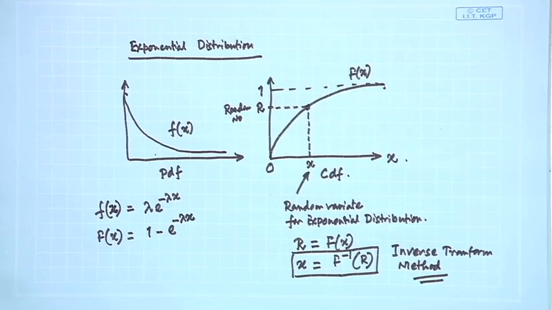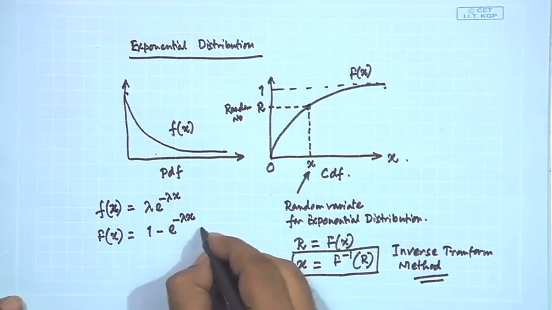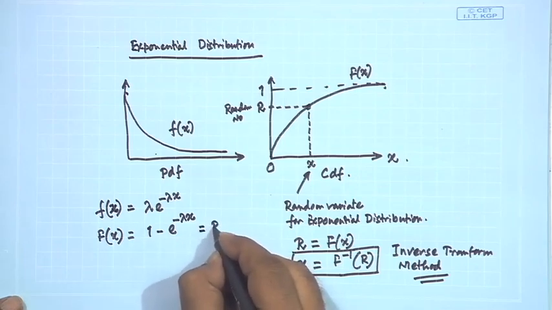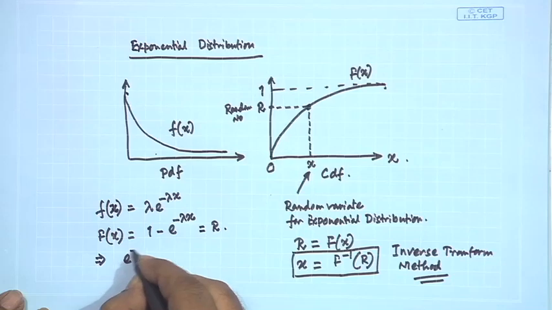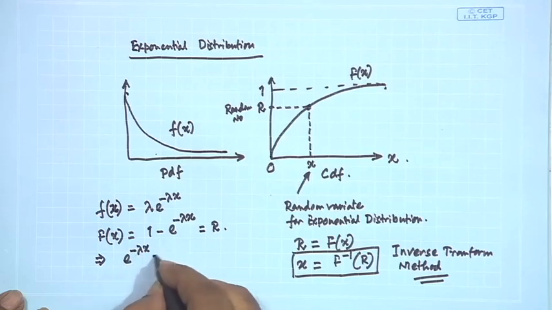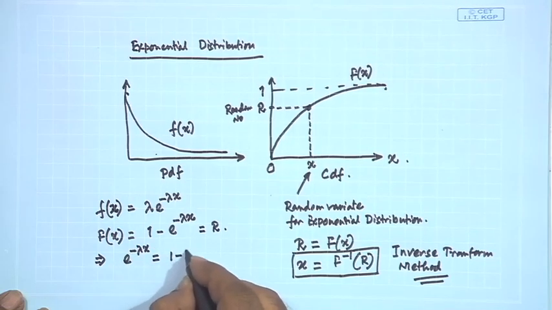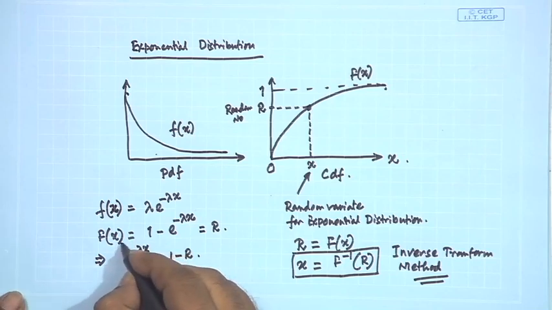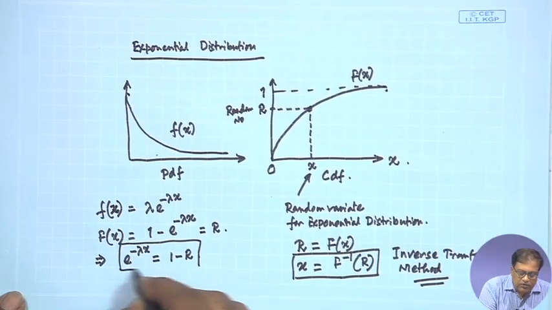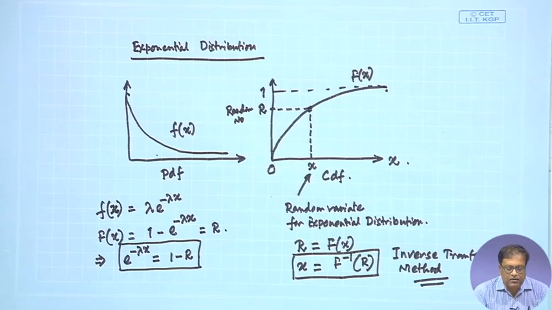So, that is our cumulative distribution function. If you equate this to r, then you can write e to the power minus lambda x equal to 1 minus r. So, this is the equation that we can use. We can see further how we can exploit this particular equation.